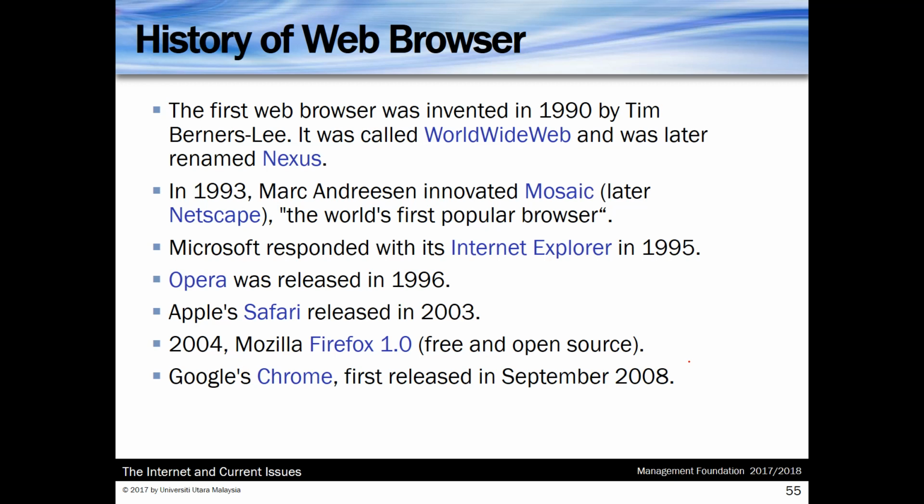Google's Chrome was first released in September 2008 and took over the browser market. In 2001, Opera Mini was released to focus on the fast-growing mobile browser market, and in 2015, Microsoft Edge was born to compete with Google.